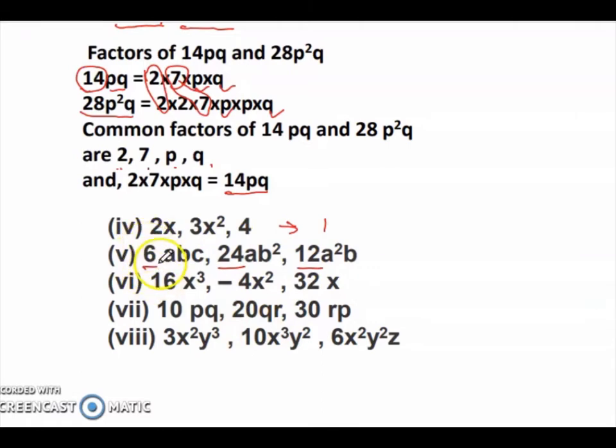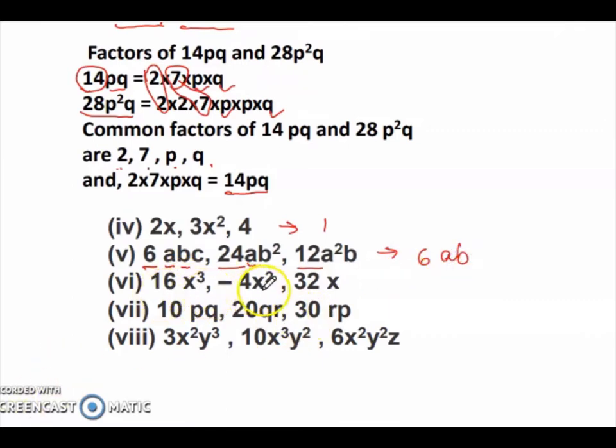So this is one common factor. Then a, if you notice, a is there here also, and here also a is there. Now b is also there in all the three terms. C is there only in the first term, it is not there in the next two terms. So you can say that here the common factor is 6ab.